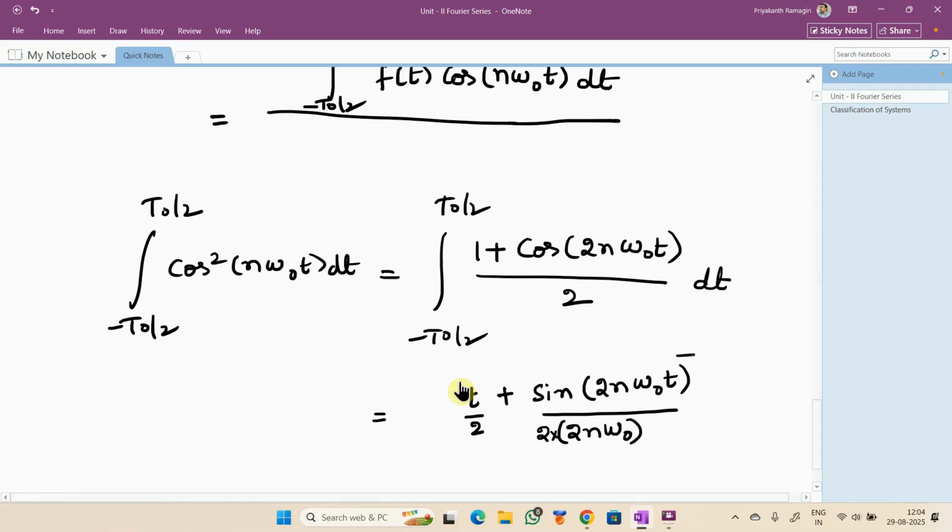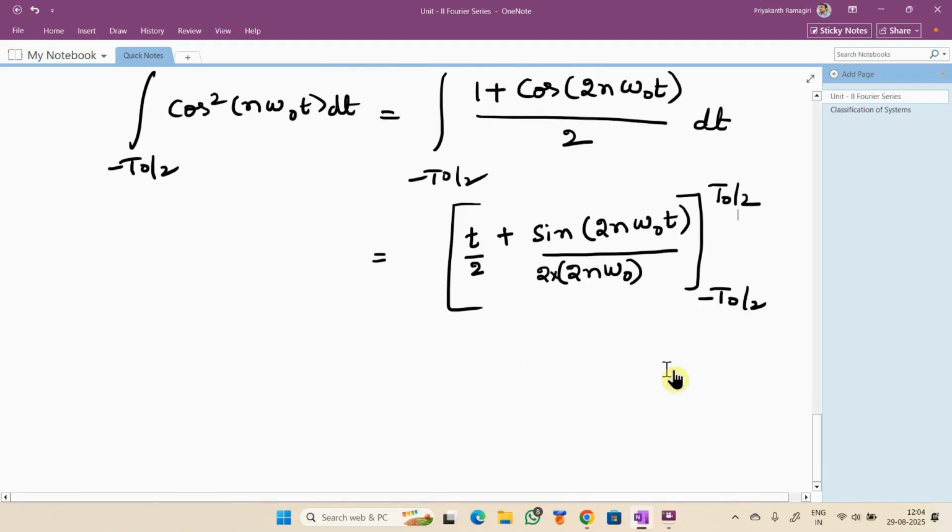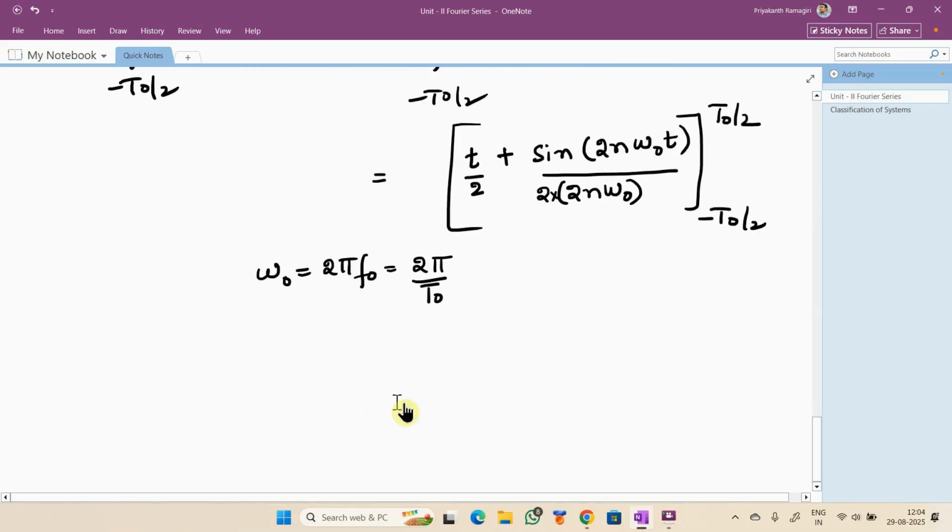Okay. Now you have to apply the limits minus T naught by 2 and T naught by 2. And simplifying this, please make use of omega naught equal to 2 pi f naught, which is equal to 2 pi by T naught. Simplify it and tell me what value you get. So T naught by 2.